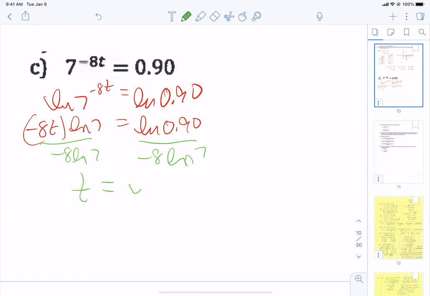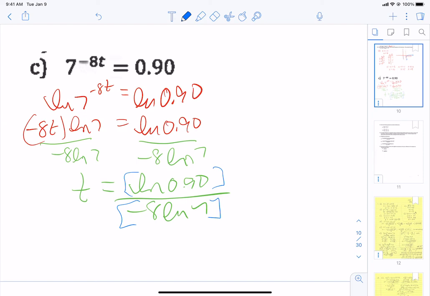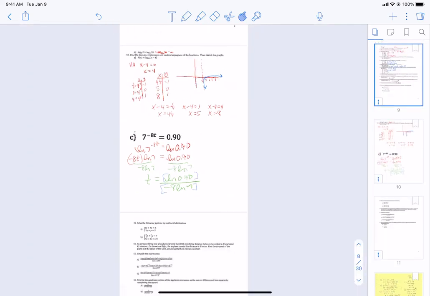So t is just the natural log of 0.90 divided by -8 natural log of 7. If you were to enter that into a calculator, because I think it did say in the instructions to the nearest whatever, I would make sure that you put the whole top in parentheses and the whole bottom in parentheses. Just be careful when you enter anything into a calculator.